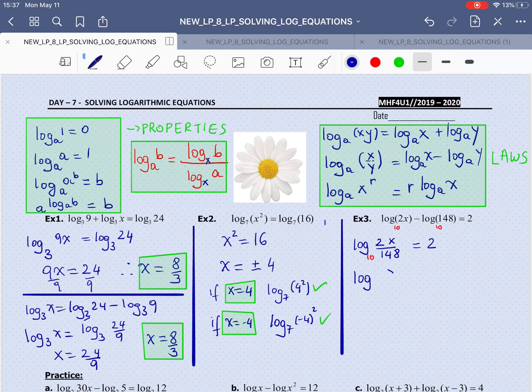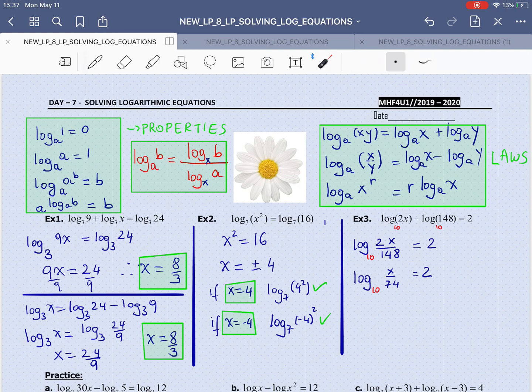If you'd like to, you can simplify it a little bit more. Why not? So that's x over 74. The base still 10. Okay, equals 2. So at this point, in order to solve for x, we're simply going to use the definition of log. Or in other words, we will convert this log expression into an exponential expression.